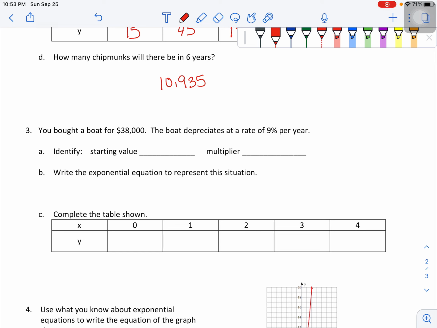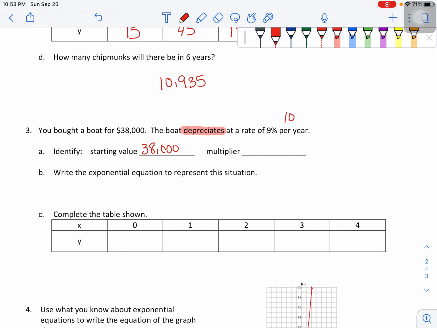Let's do another one. We've got a boat for $38,000. And the boat depreciates. Depreciates means it goes down in value at a rate of 9% per year. So watch what we're going to do. 38,000 is our starting value. It's going down 9%.